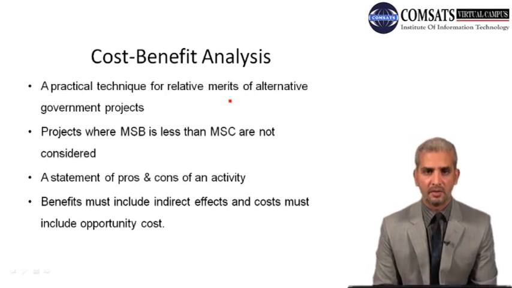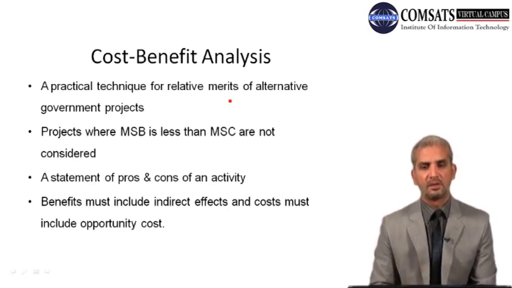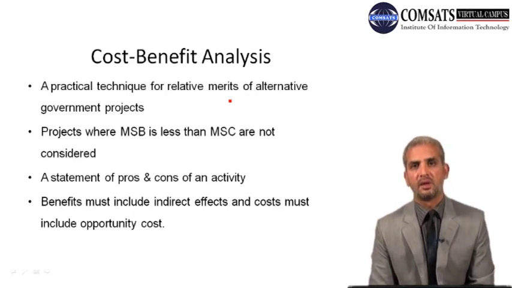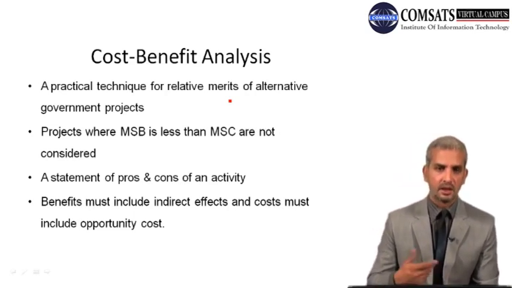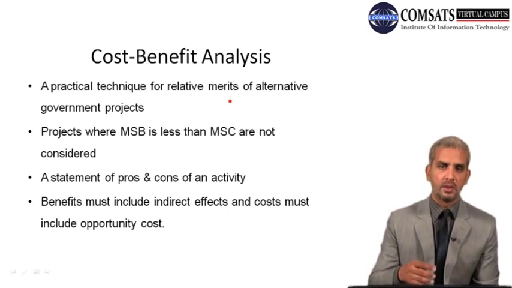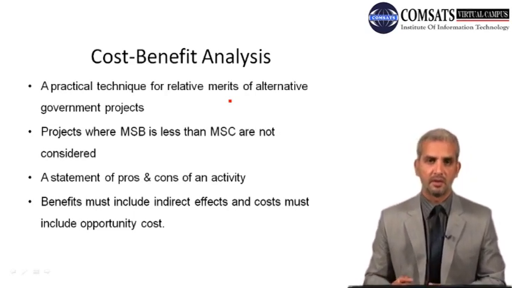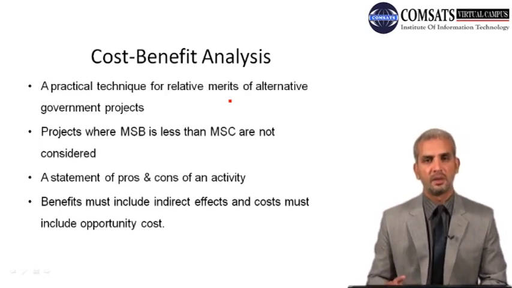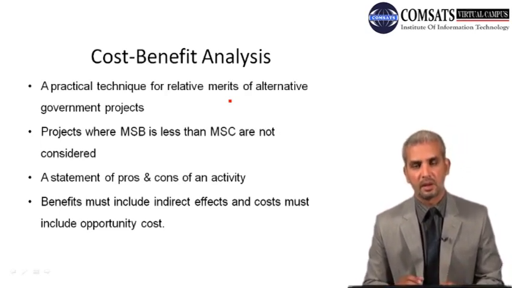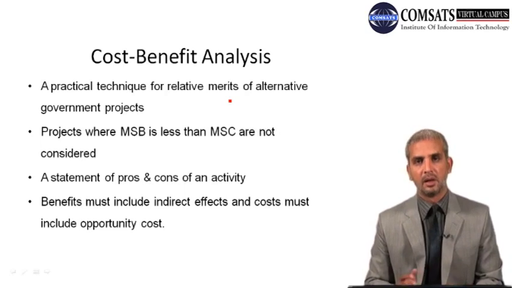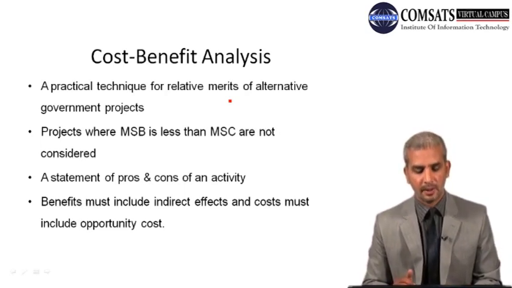It is sometimes very difficult to price certain government products, but if we can price them, there would also be other benefits for the surrounding community, and those benefits also need to be considered whenever taking a government program or starting a government project.